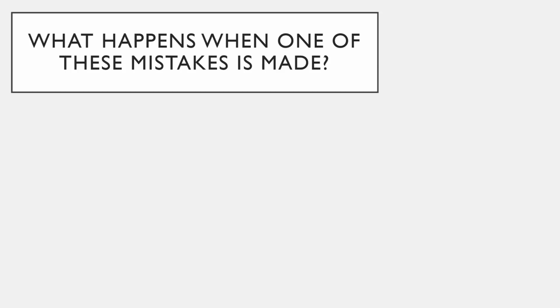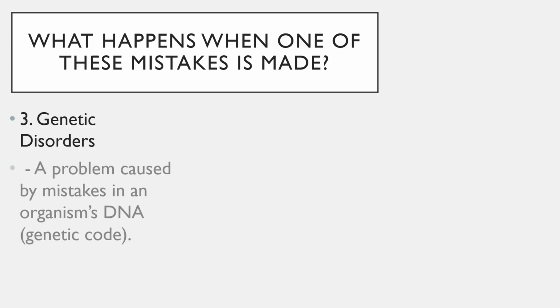The third and final thing that can happen when these mistakes in DNA are made is probably the one we think about the most, and that's going to be something negative. That's going to be a genetic disorder. And that's a problem caused by mistakes in an organism's DNA. So usually genetic disorders are not going to benefit an organism.